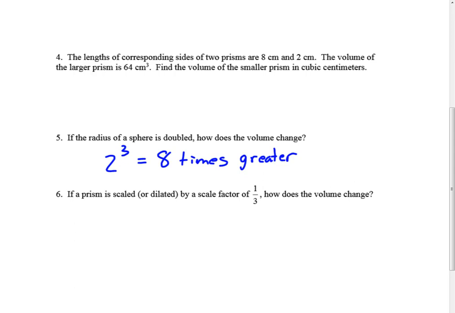If a prism is scaled or dilated by a factor of 1/3, how does the volume change? So we take 1/3 to the third, and that would be 1 to the third over 3 to the third, so that would be 1/27th.